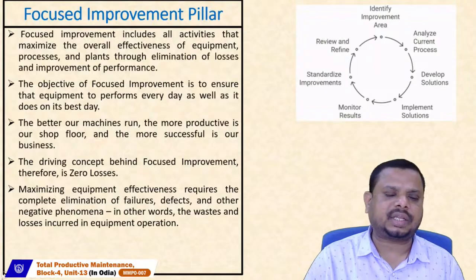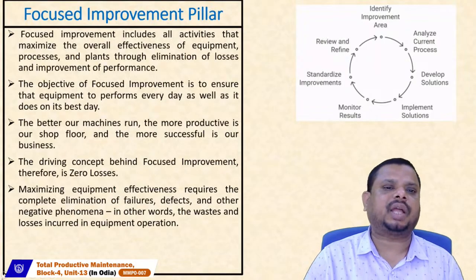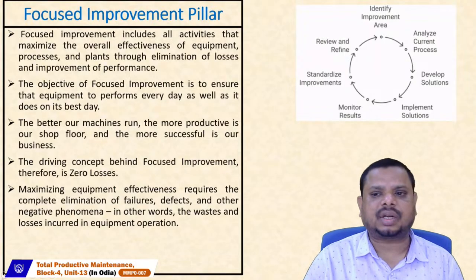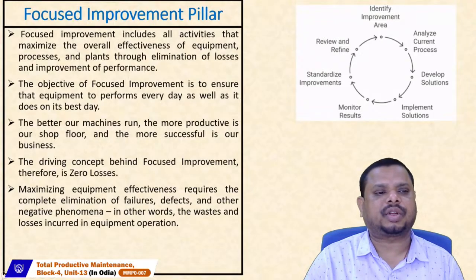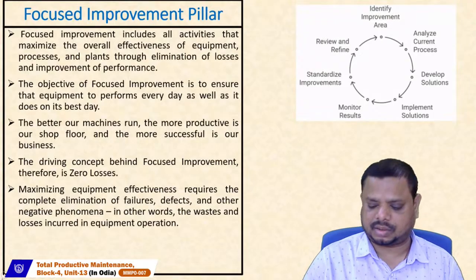So by establishing this flow diagram, that means identify the improvement area, analyze the current process, develop the solutions, then implement the solution, monitor the results, standardize the improvement, review and refine, you can easily improve the overall effectiveness of equipment and improve the performance.